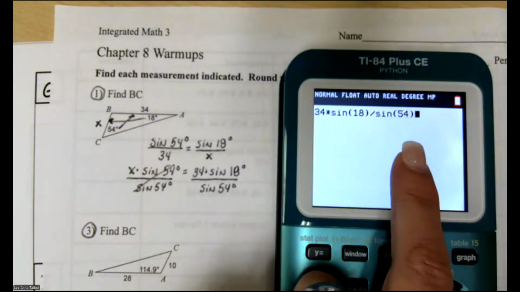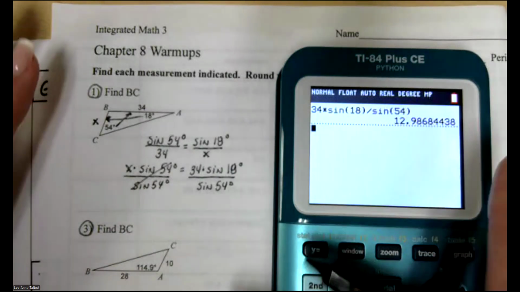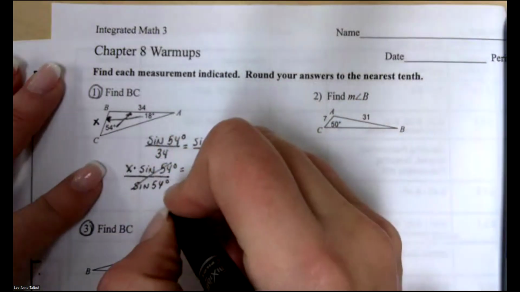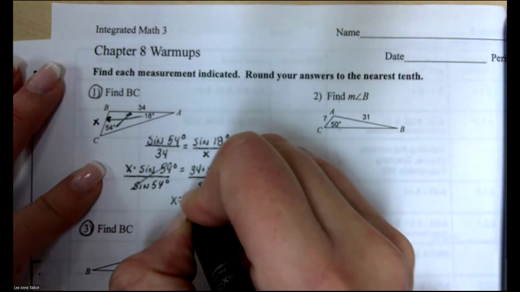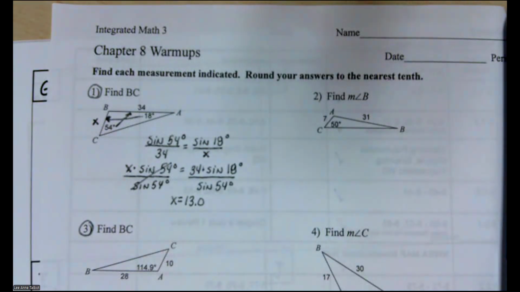Does that make sense when I mean type it in all at once? Okay. And I got 12.98. So we're going to round that to 13.0. So X equals 13.0. Okay. So there's your review of law of sines.